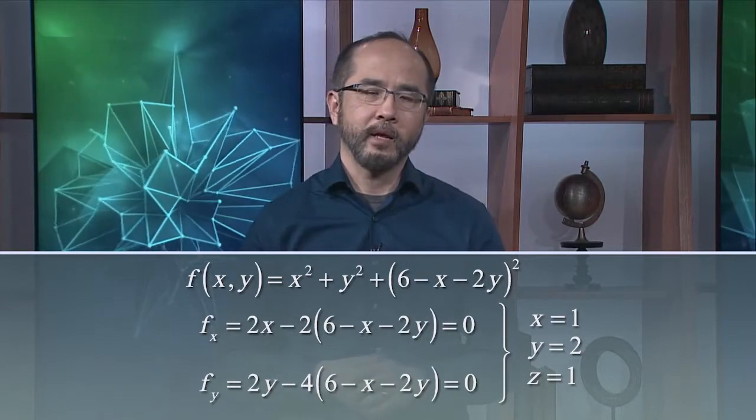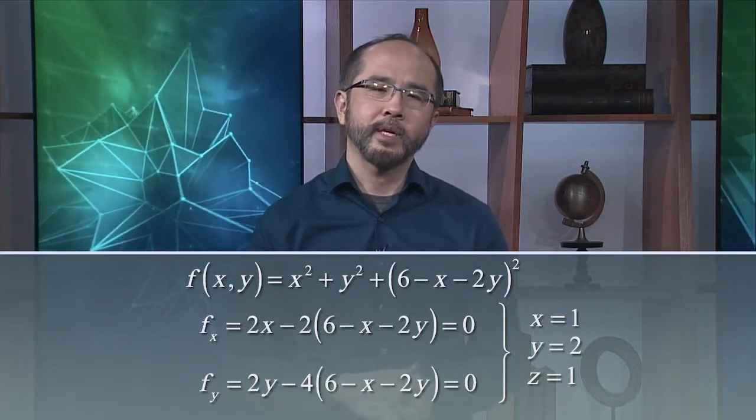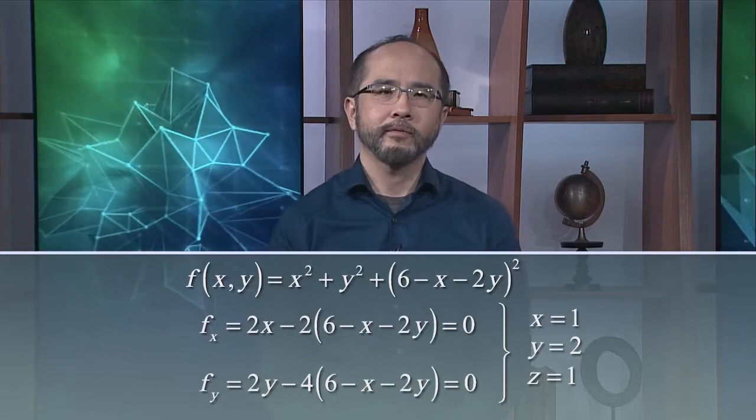Now, we found exactly one critical point, (1, 2). Is it a minimum for f? Let's check the determinant of the Hessian, which is f sub xx times f sub yy minus f sub xy squared. If you calculate f sub xx, you'll get 4. For f sub yy, you get 10, and for f sub xy, you get 4.